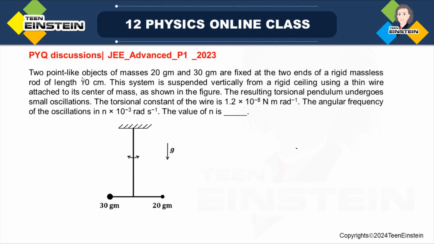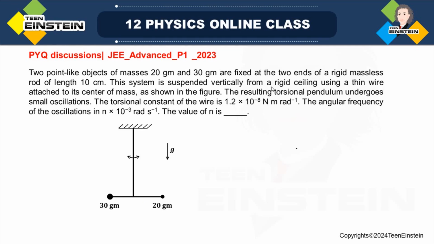This problem says two point-like objects of masses 20 gram and 30 gram are fixed at two ends of a rigid massless rod of length 10 centimeter. See here, this is 30 gram and this is 20 gram, two point masses, and they are fixed by a rigid massless rod of length 10 centimeter.